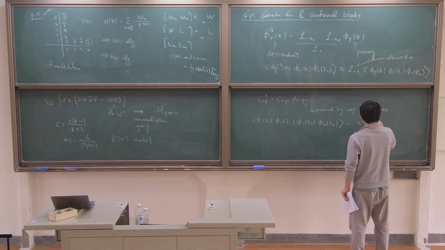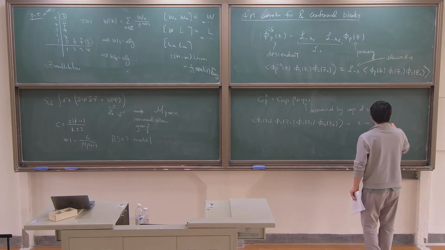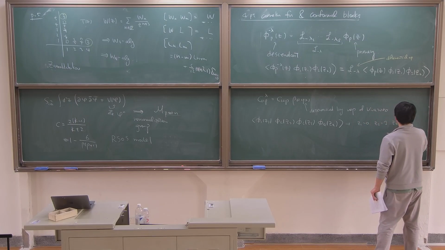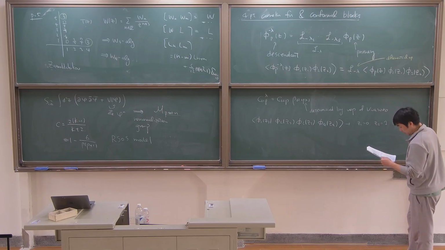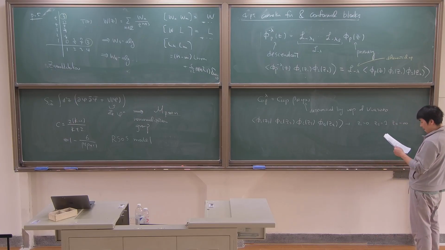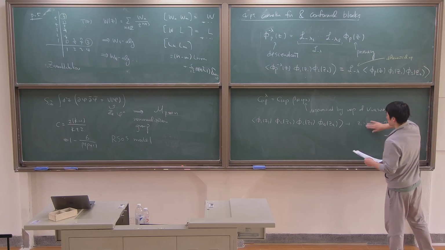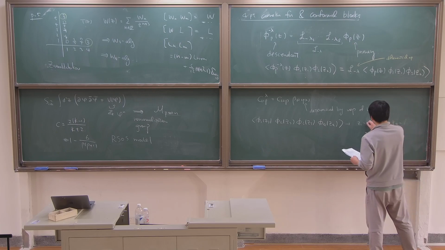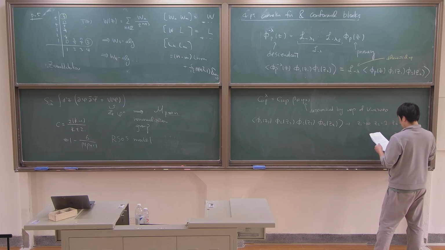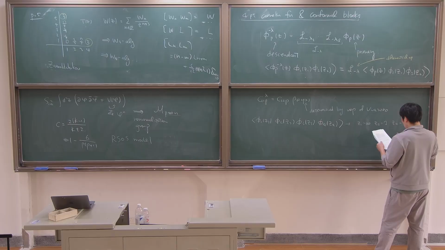Z1 is infinity, Z2 is 1, and Z4 is 0, and Z3 is not fixed.